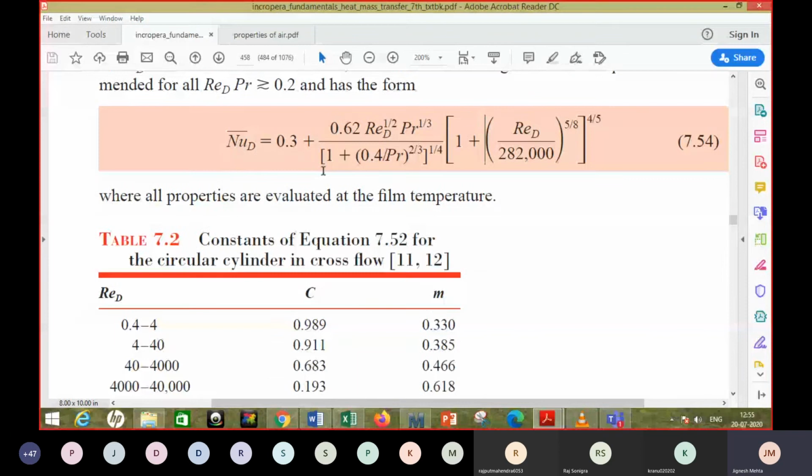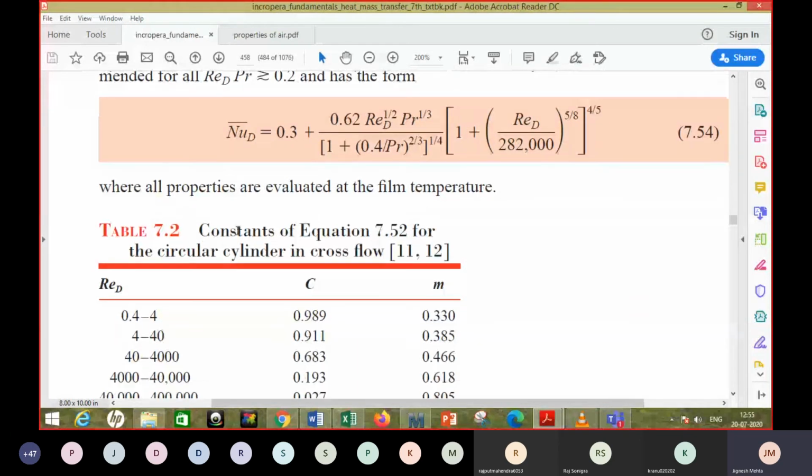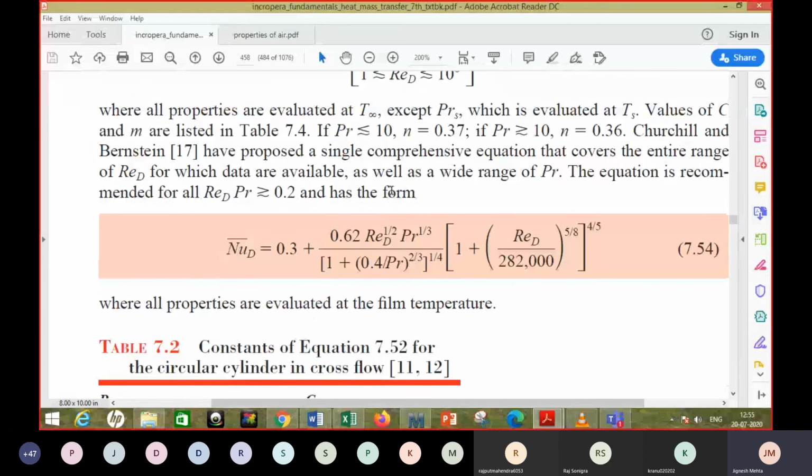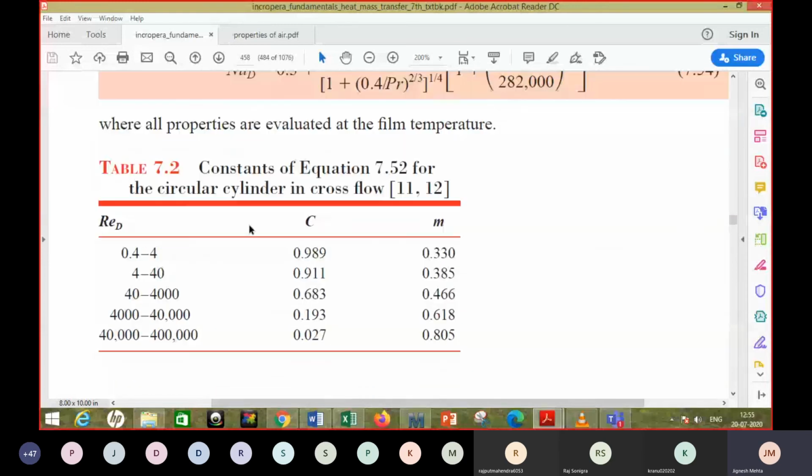Now that general form of the relation which was given like this one, you will have different values of m and C for different values of Reynolds number as it is shown here, in case you are using that correlation.